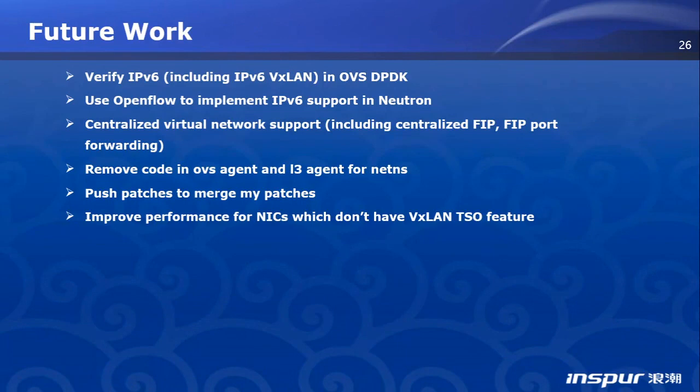We also need to remove duplicated code in the OVS agent and layer 3 agent for network namespaces because we have implemented them in OpenFlow. We don't need them anymore. We still have many patches to push into the upstream repo, although some patches have been merged.